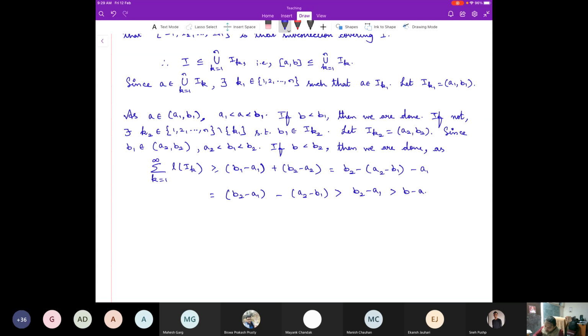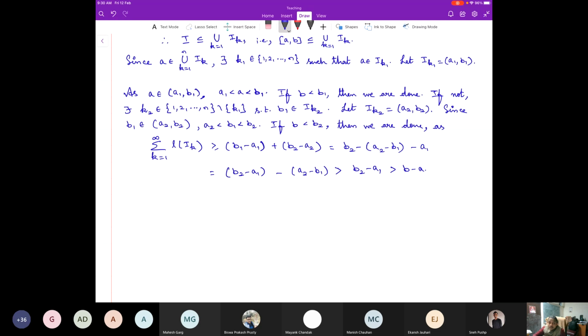Right. So if B is less than B1, then we are done. If B is less than B2, then again we are done. But how long are we going to proceed? Since the collection of intervals is finite, we can exhaust it. Exactly right.